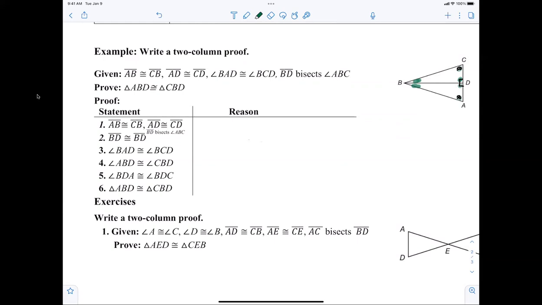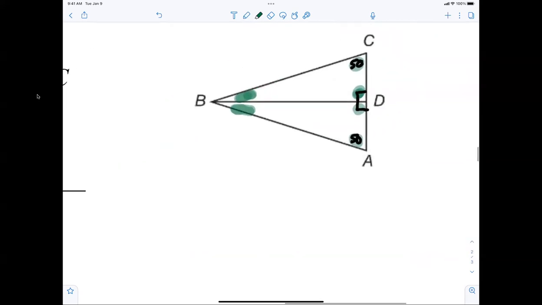All of the, better word than parts. All of the what parts? All the corresponding parts. Does everybody understand that? We need the corresponding parts to be congruent. Does everybody agree? Just because this is a 50-degree angle and this is a 50-degree angle doesn't mean the triangles are automatically congruent, correct?